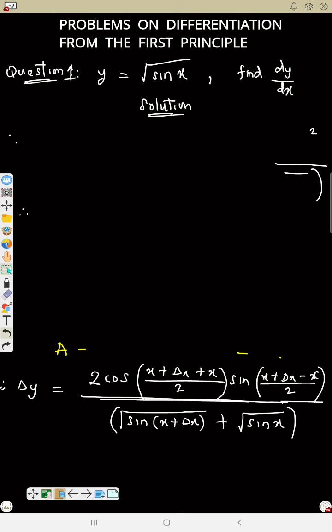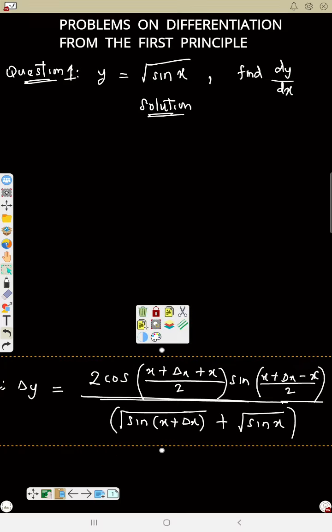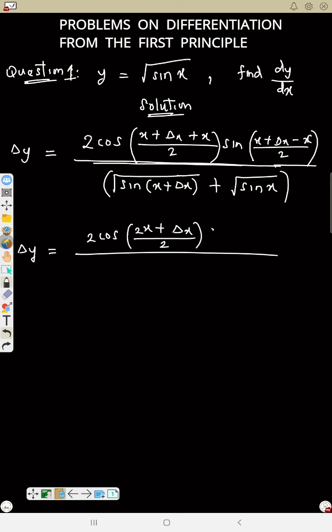So our next step, clearing this. Now from here, dy is equal to 2 cos of (2x plus delta x) divided by 2, sine of delta x divided by 2.